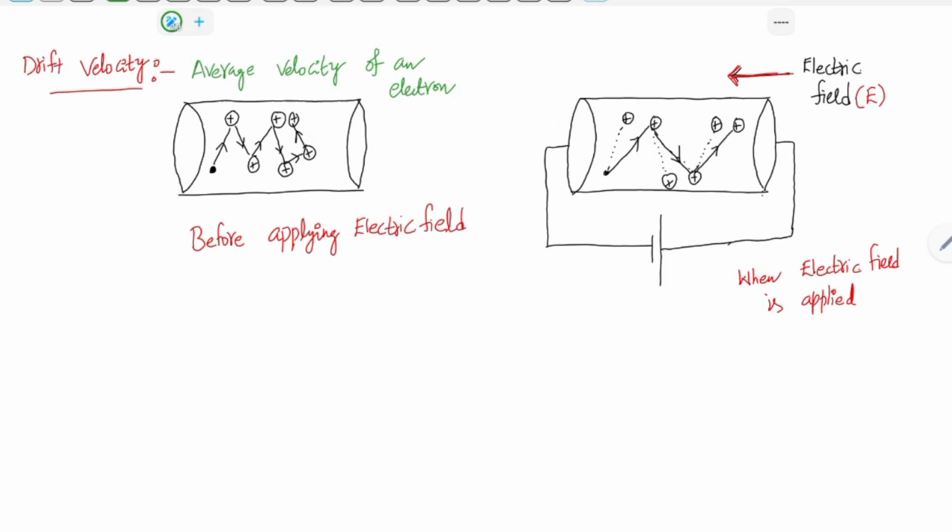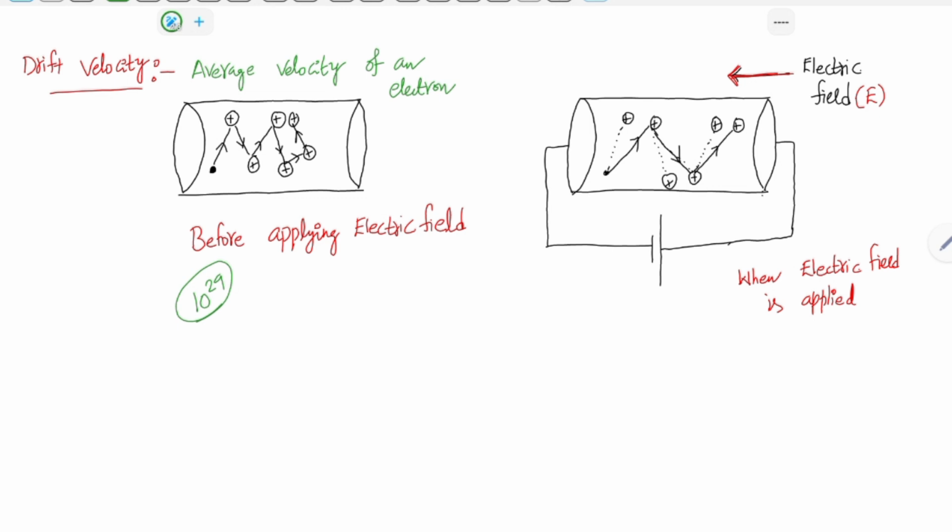It contains roughly around 10 power 29 electrons per meter cube. This is a very huge number, and these electrons are moving in random directions and collide with the positive ions that are there inside the conductor.